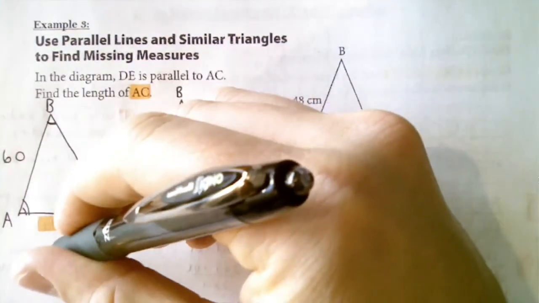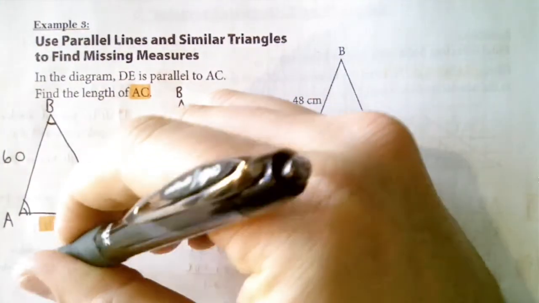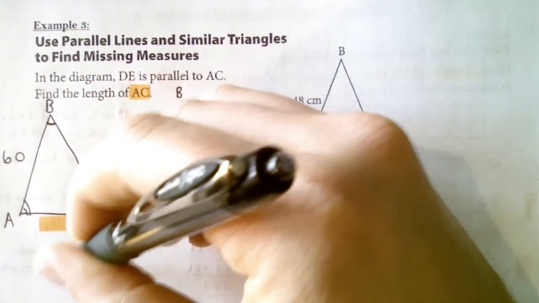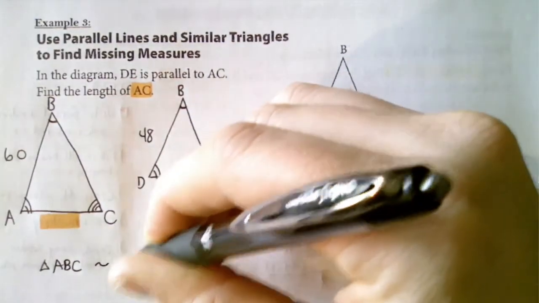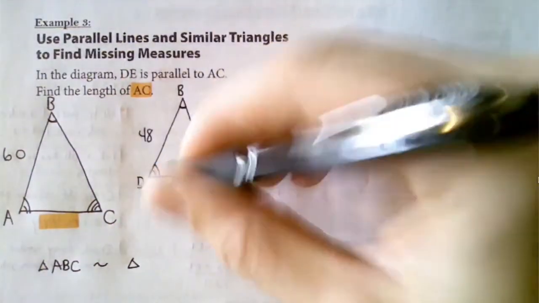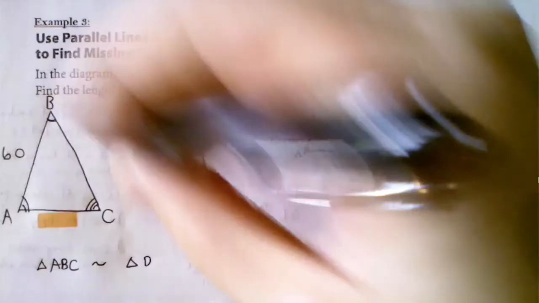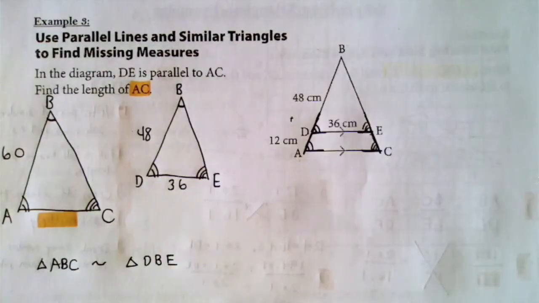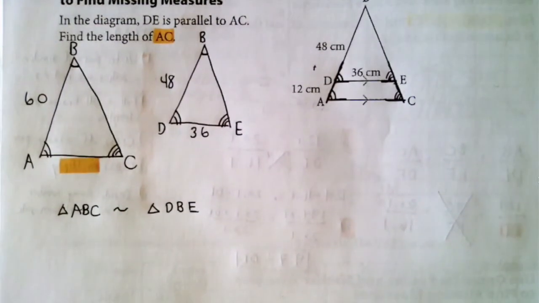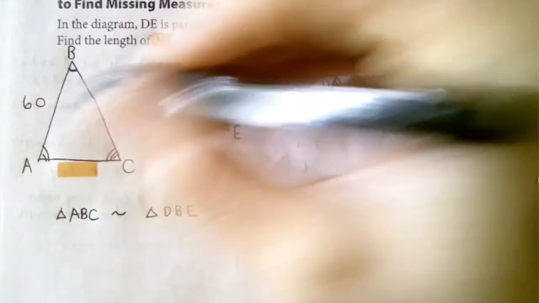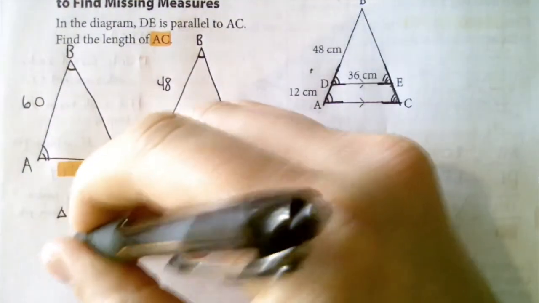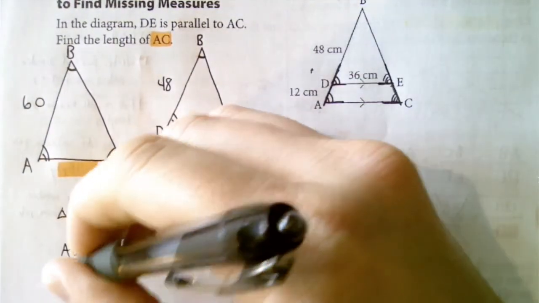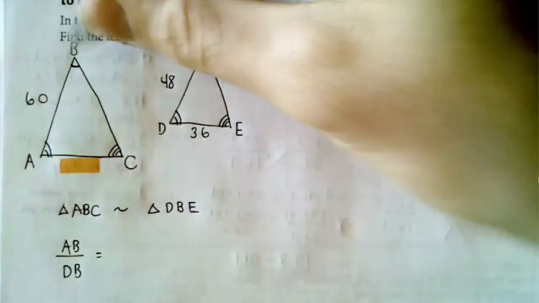So what do we have? Well, we have that triangle ABC is similar to triangle, start with D because we started with A, move to B, E. And now we can write our similar pairs. We've got AB and DB. We've got BC and BE.